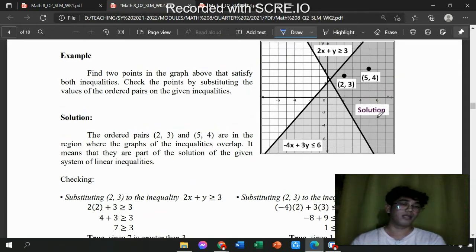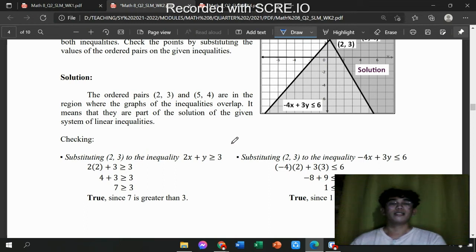Pwede ra bisan unsa, pwede aning part, or pwede ka nagtungtong aning line. Kay di ba, if solid line, the ordered pairs that are located on the line are still part of the solution. So pwede ka magpili og ordered pairs as long as naa siya sa shaded, nag-overlap nga shaded area. In this case, nagpili ta og 2 and 3 and 5 and 4.